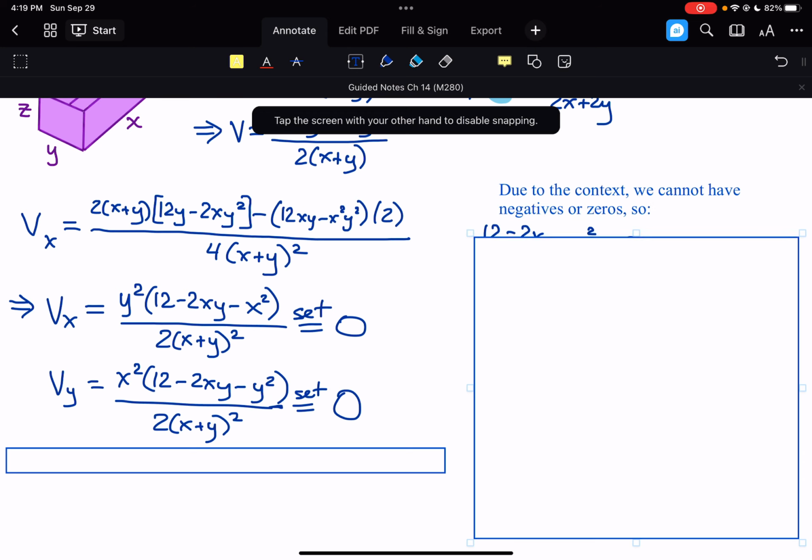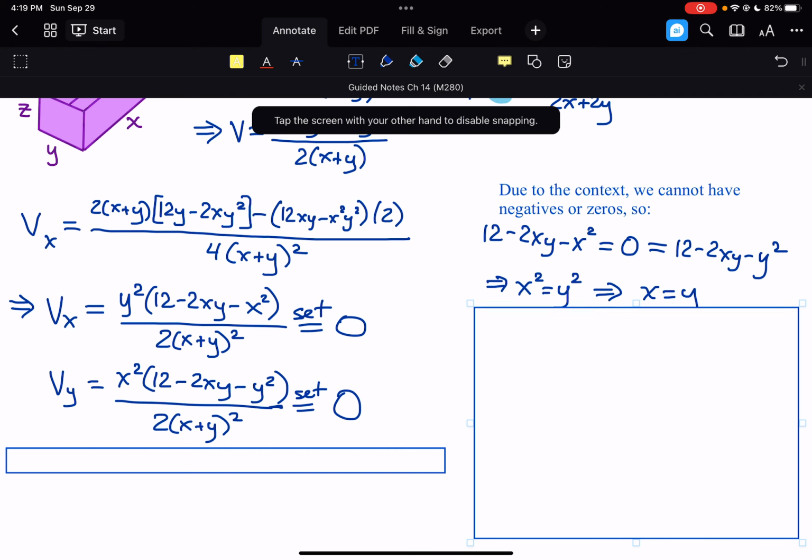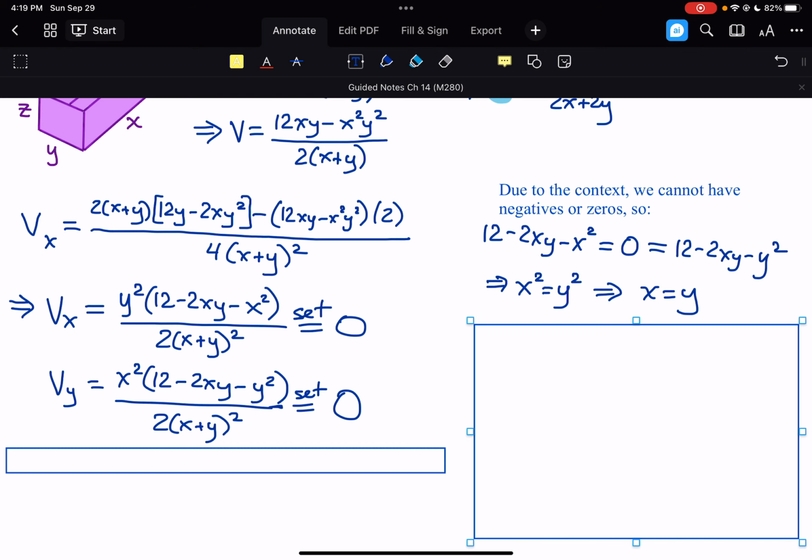So we can go ahead and divide those away. And that brings us to here. So when you set them equal to each other, the 12s and the 2xy's cancel, and you're left with x squared equals y squared, or x equals y. Again, theoretically it would be x equals plus or minus y, but we can't have negatives. So x and y will be the same value.